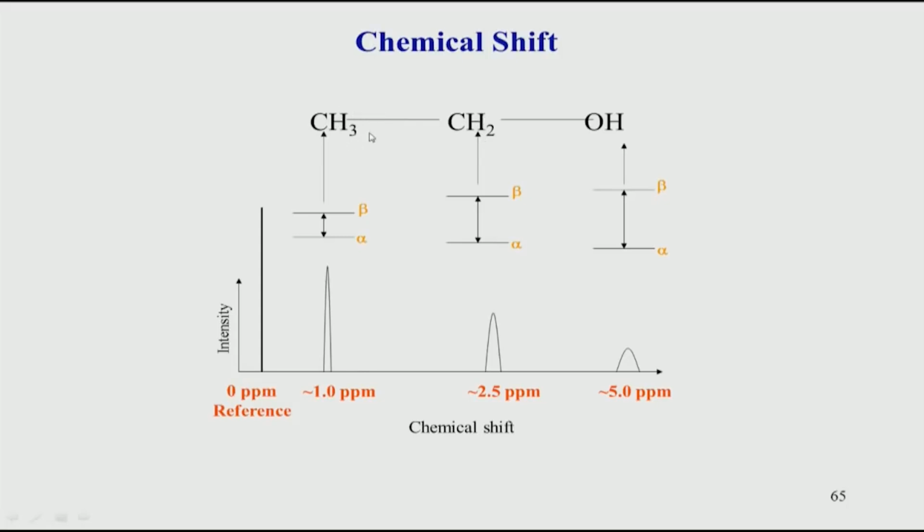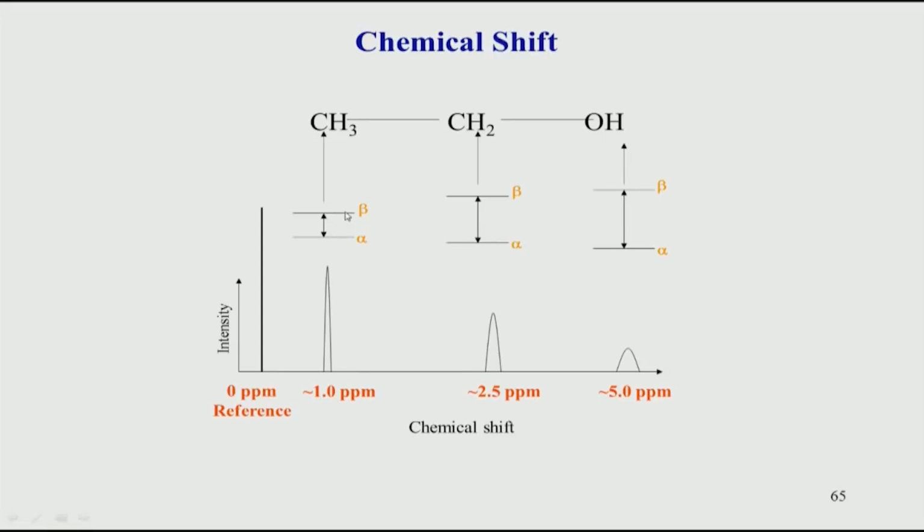Why the shielding differs from here to here and there, those factors we will look at shortly. But the point to understand here is that this hydrogen, the proton, has a different shielding by the electron cloud around it, compared to this hydrogen and this hydrogen. And because of that, each of these hydrogens has a slightly different resonance frequency.